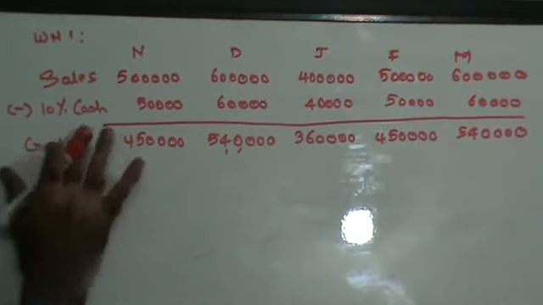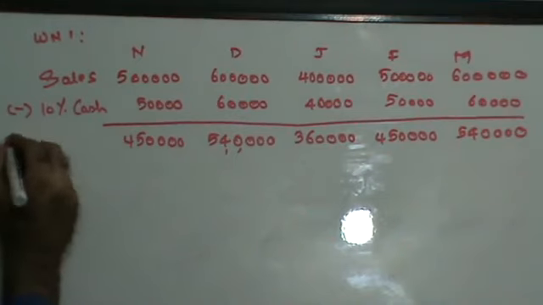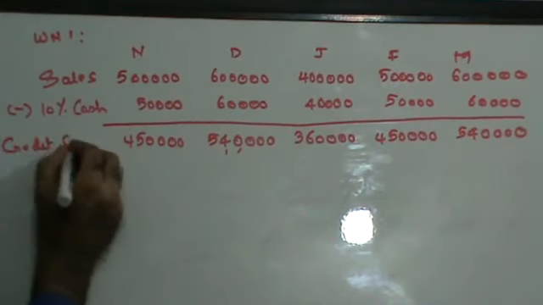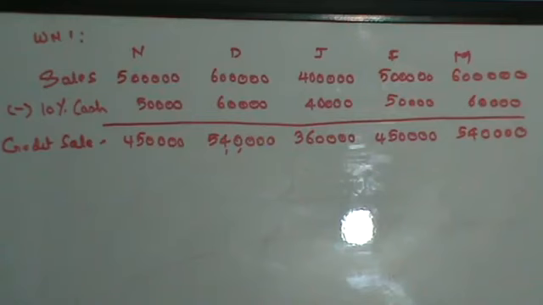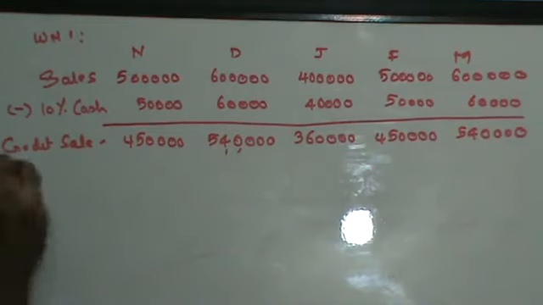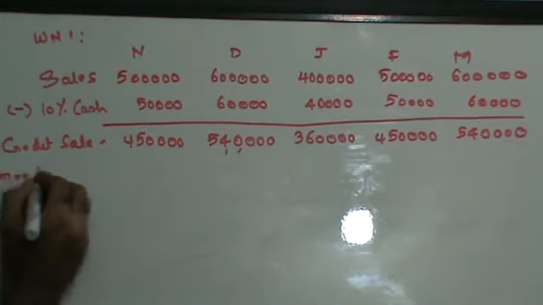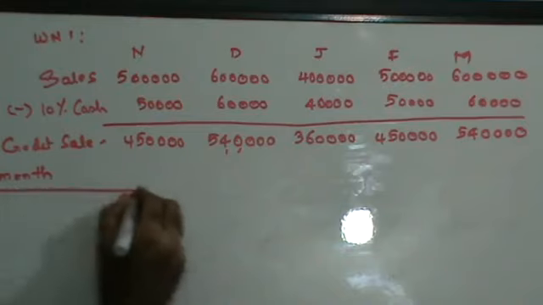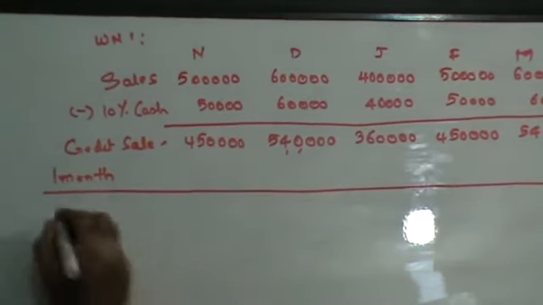Now this credit sales should come in 1 month. This is your credit sales for 1 month. But everybody is not paying in 1 month. Only half of them are making payment in 1 month and the balance half will make it in the next month. So out of this, within 1 month, the payment that I'll get and the balance I'll get after another 1 month.